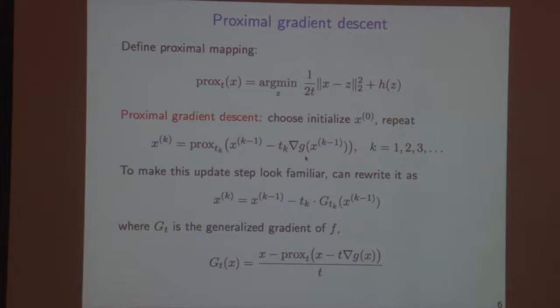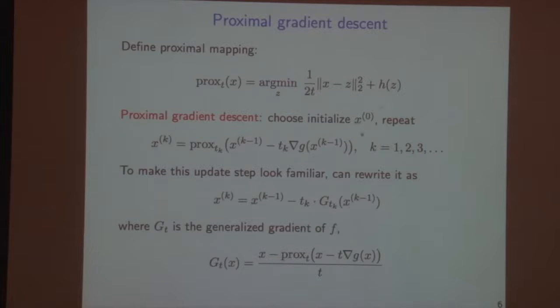After that, we apply what we call the proximal operator, which is defined only in terms of h, the non-smooth part. It's defined up here. It's the minimizer of this problem: the point z that's closest to its argument, once we scale the least squares term by 1 over 2t, and we add h of z.